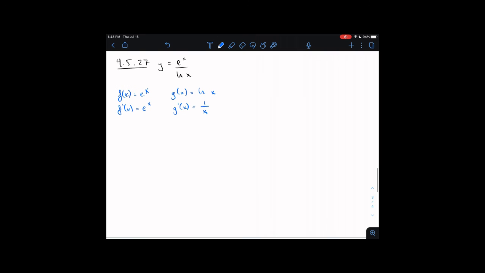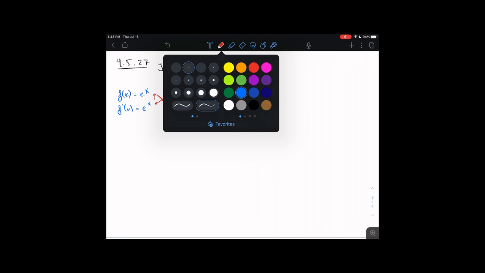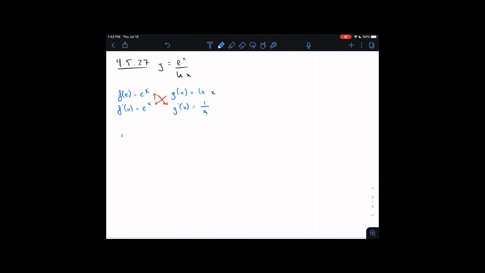Using the same technique, I'll write it out one more time, going this way, that way, that way. We're going to do natural log of x times e to the x, and then minus e to the x times 1 over x. This is all over natural log of x squared.